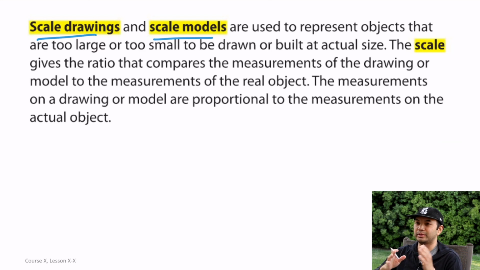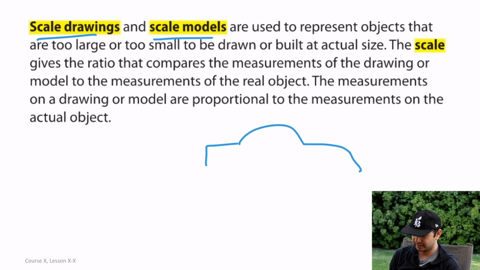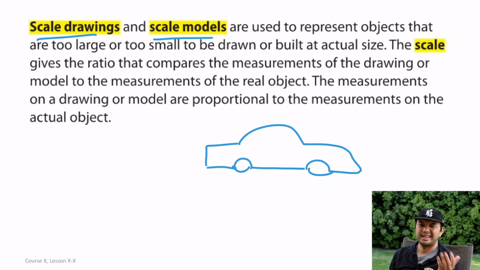So when we say things are drawn to scale, if you're drawing a car, I'm going to draw a car like that. I mean, that's not a very good car, right? But the wheels are like that, it's kind of low, whatever. It's kind of to scale, so everything's proportional: how tall it is proportional to how wide it is.